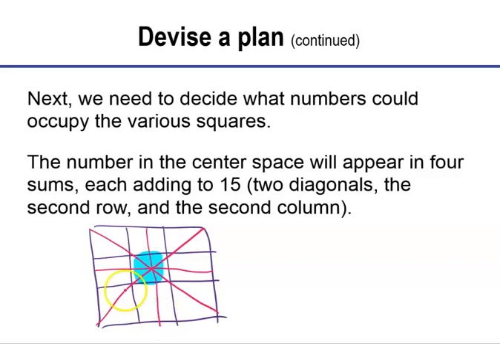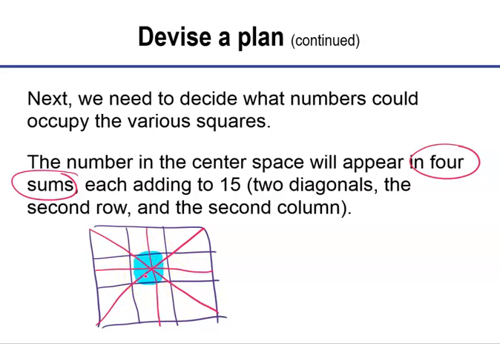Notice that's 1, 2, 3, 4 different sums. And that's what they mean. It'll appear in 4 sums, each adding to 15.